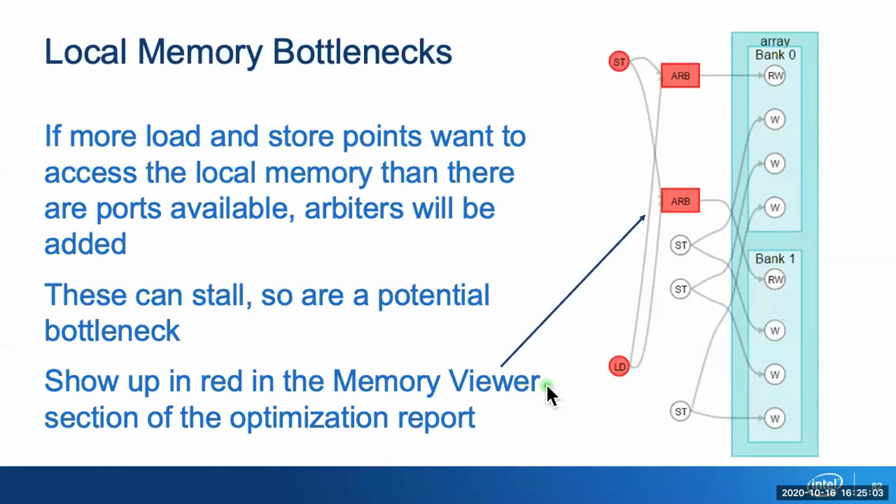Even with local memory, sometimes we have access bottlenecks, and we need the arbiter. This can stall, and it's not desired. So we can do optimizations to improve this.